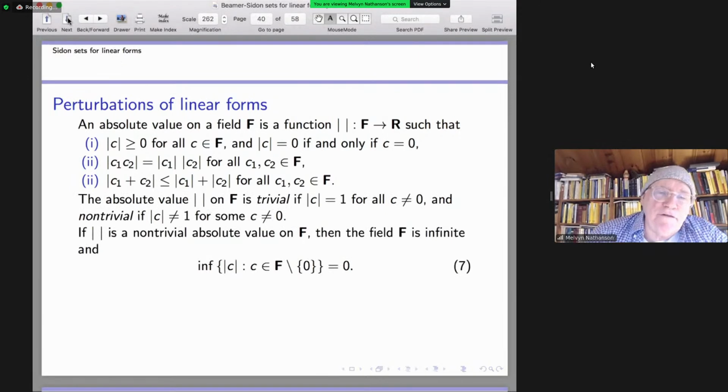There's always a trivial absolute value, which is 1 for every non-zero c and 0 at 0. If the absolute value is non-trivial, then it certainly is the case that the field is infinite. And if you look at the infimum of the absolute value of c for all non-zero c, the infimum is 0.